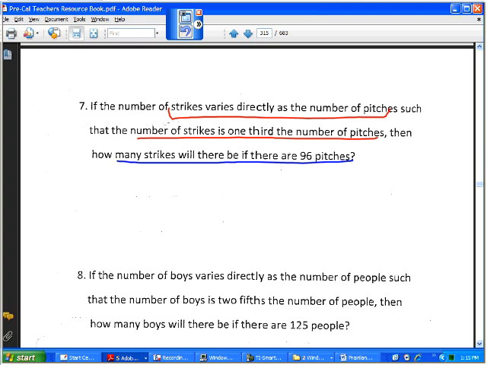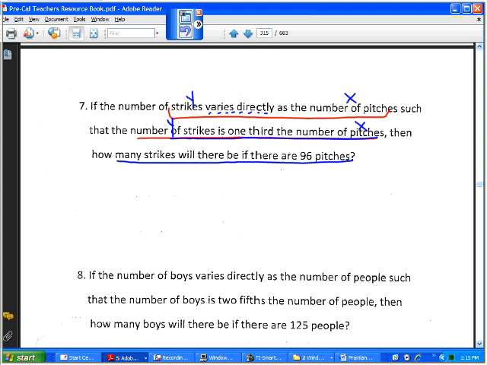We said y varies directly as x. The number of strikes will depend upon the number of pitches, right? Y, strikes, is the dependent variable. Pitches is the independent variable. So the number of strikes, y, is 1/3 the number of pitches, x.